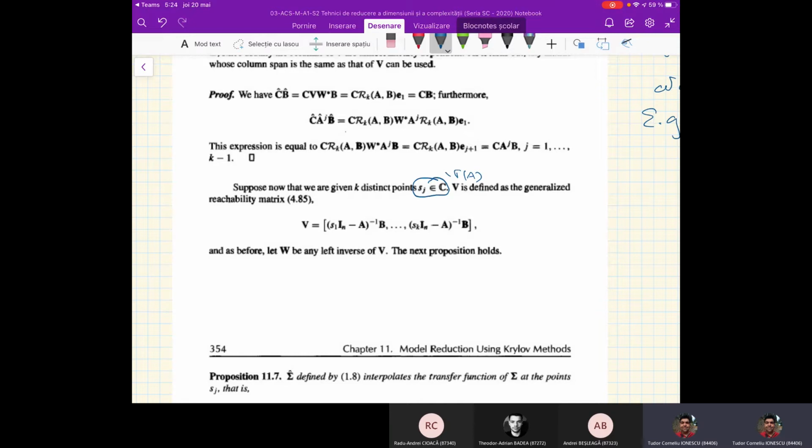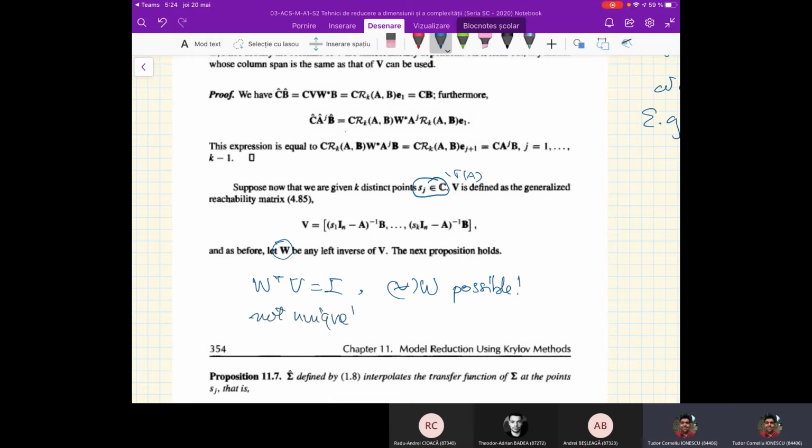Right. Where was I? Yeah. So you see here, just like before, let W be any left inverse of V. So W transpose V is the identity for all the W's possible. Not unique.